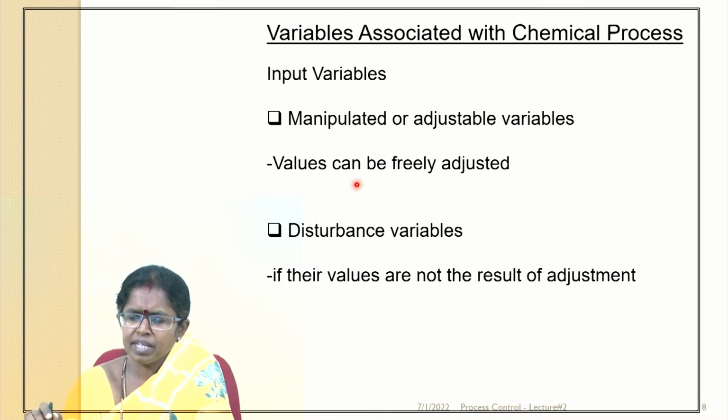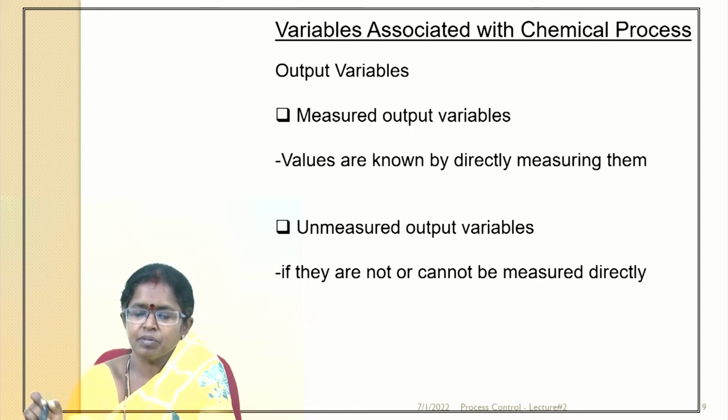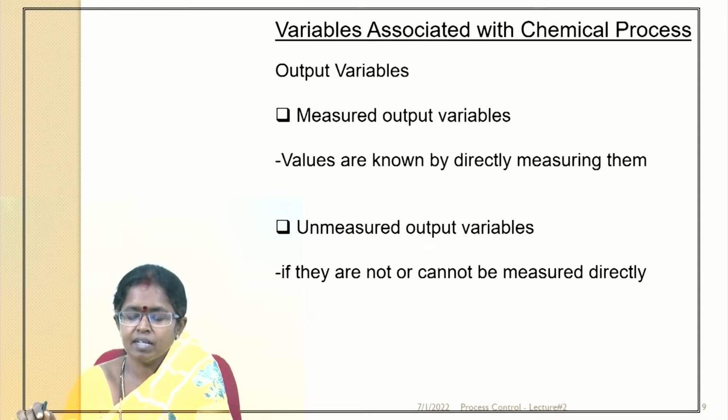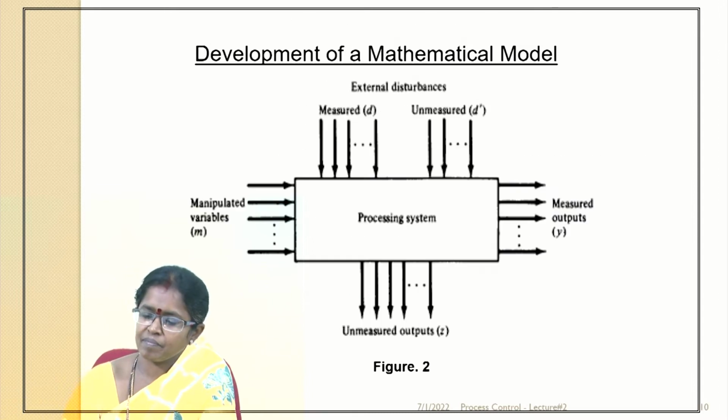Okay, so coming to the input variables, we have manipulated variables or adjustable variables, and the other set of variables are called disturbance variables. Coming to the output variables, measured variables can be measured directly by a sensor or a transducer. The other set of variables are called unmeasured variables, that is, you cannot measure them directly.